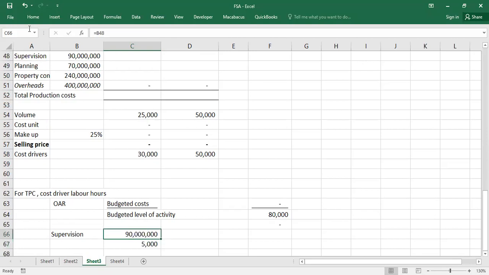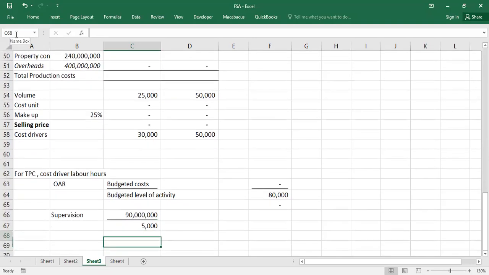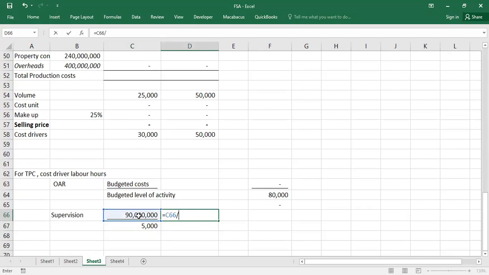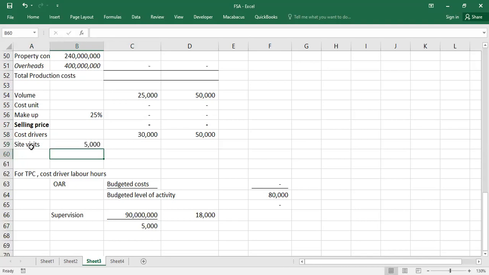So it's 90,000 divided by the level of activity, which is 5,000. So the OAR for supervision alone is this divided by that, which is 18,000 per site visit. You don't have to bring it here because it's not part of the workings. I'm bringing it here because it's my working and not the answer.